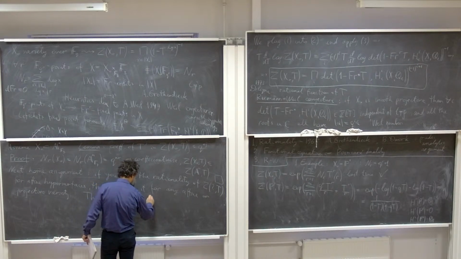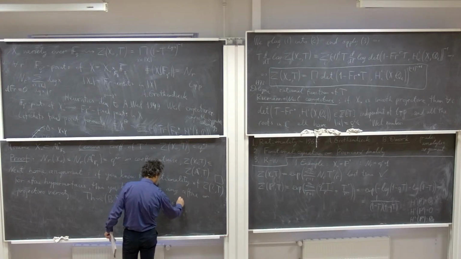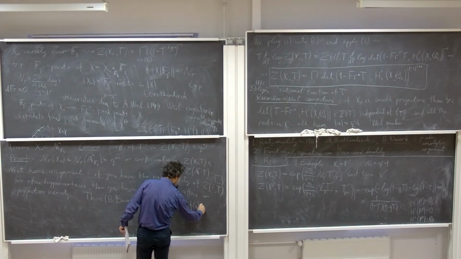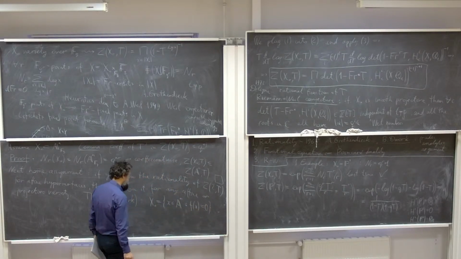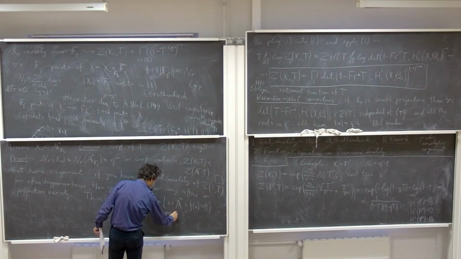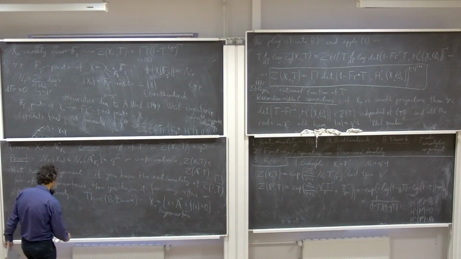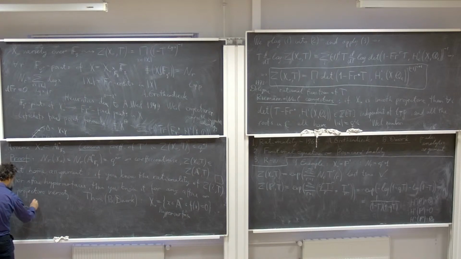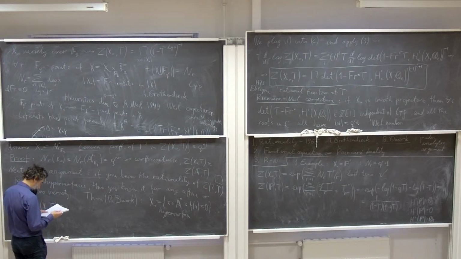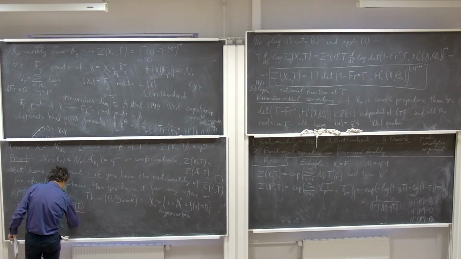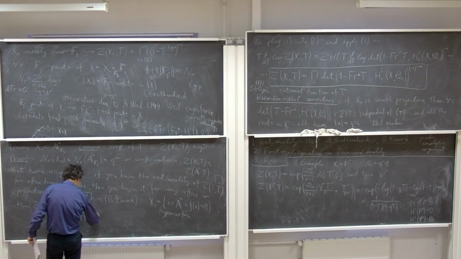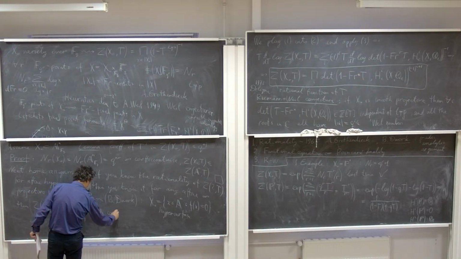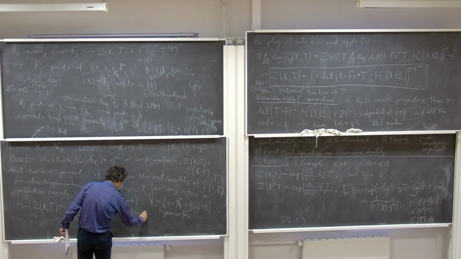If X naught is the set of x in A^n such that f of x is 0, so the hypersurface cut out by a single equation, then the zeta function of X naught is the ratio of two polynomials, well, maybe P of t over Q of t, with constant terms 1.